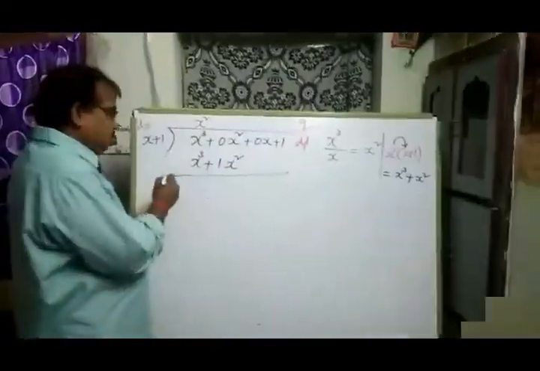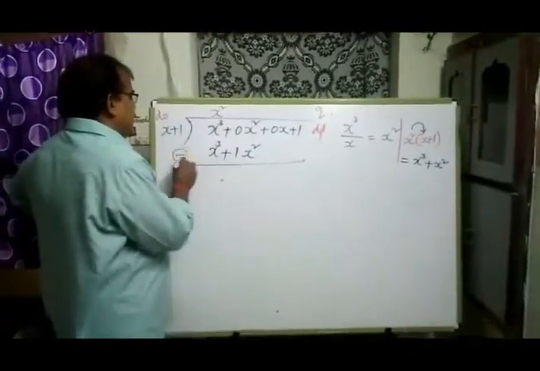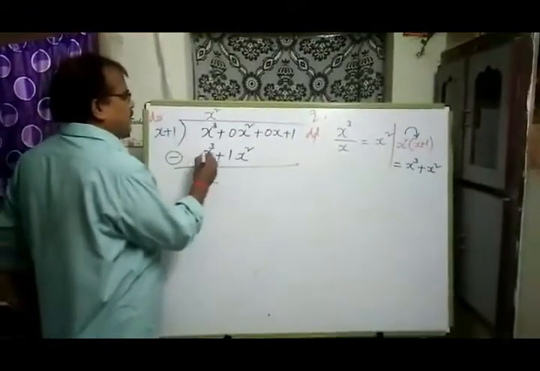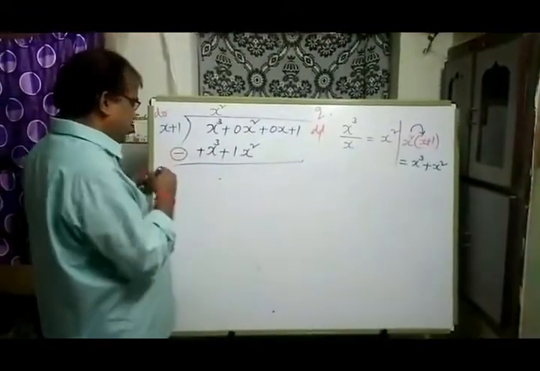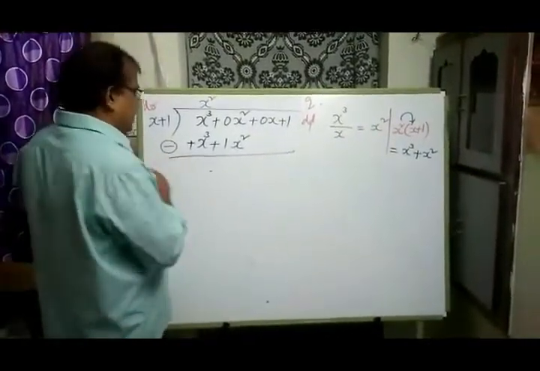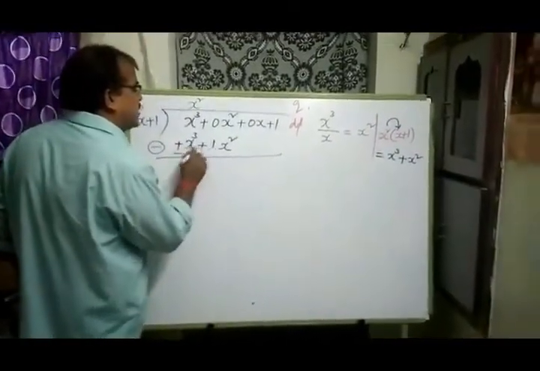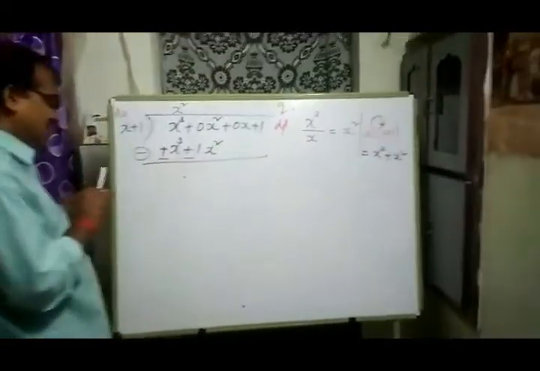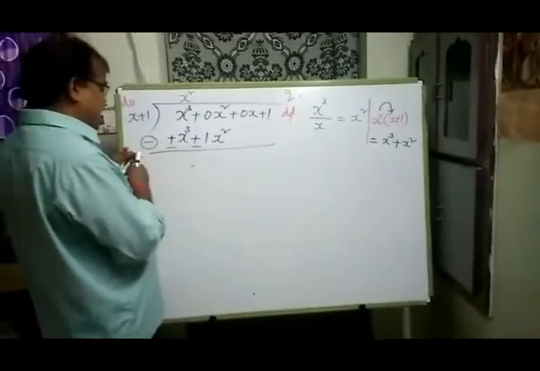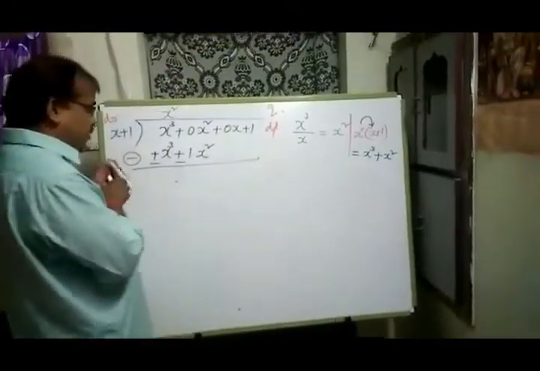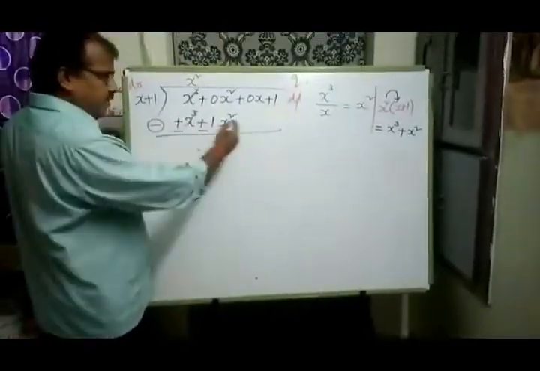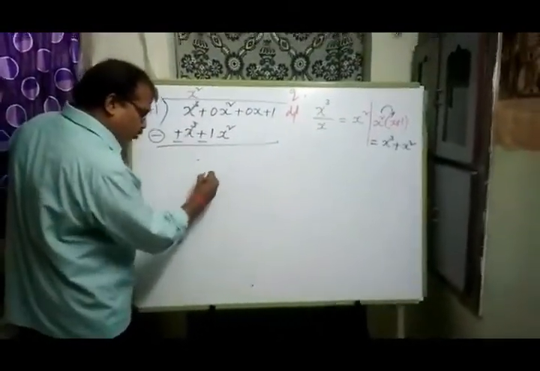Now we perform subtraction. Because of this minus, the sign for x cube, which is plus, becomes minus. This plus becomes minus. This plus also becomes minus. Listen carefully. Now plus x cube minus x cube is equal to 0. This is vertical subtraction. If you want, you can do horizontal subtraction.